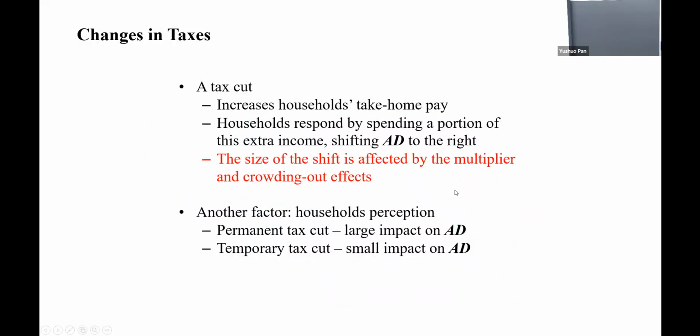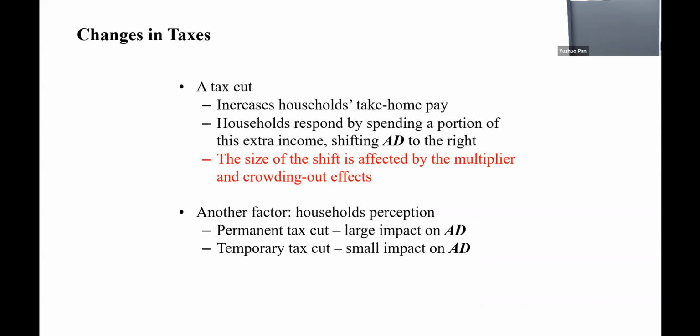So for fiscal policy, except government spending, we have another tool, which is taxation. When a tax cut happens, that will increase household take-home pay. Then households will respond by spending a portion of this extra income. That will shift the aggregate demand curve to the right.